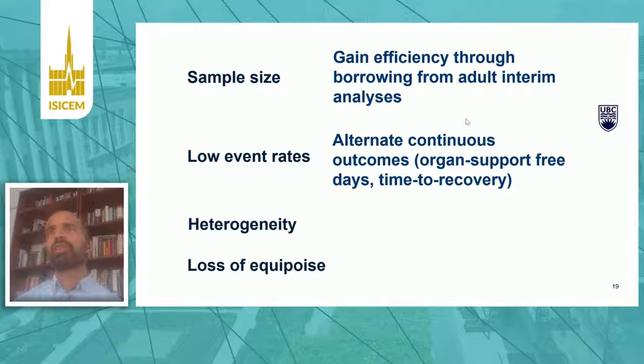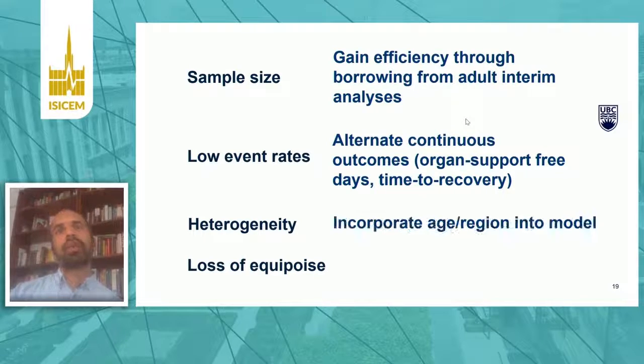And so alternate continuous outcomes such as organ support free days or time to recovery would provide greater efficiency at learning. Heterogeneity, with a statistical model that incorporates age and region into the statistical model, you can overcome a lot of the challenges of the heterogeneous treatment effects that have plagued our field for so long.